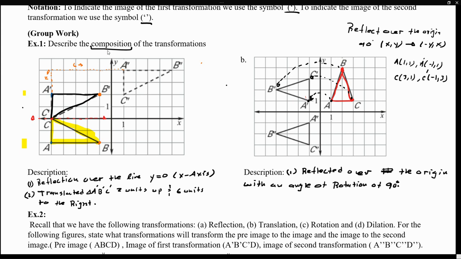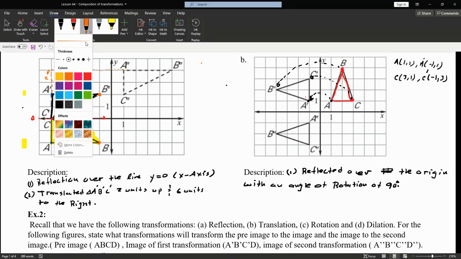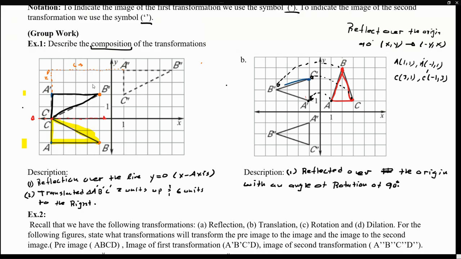So what exactly can we do to A prime, C prime, and B prime, so it maps exactly on the triangle below? So notice that A should get landed here, C should get landed here, and B should get landed here.